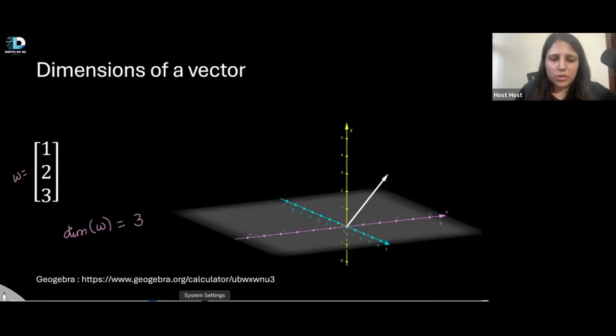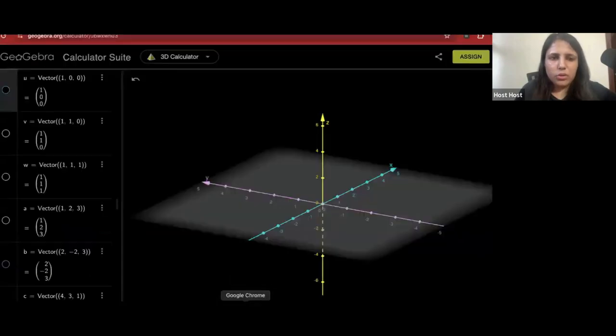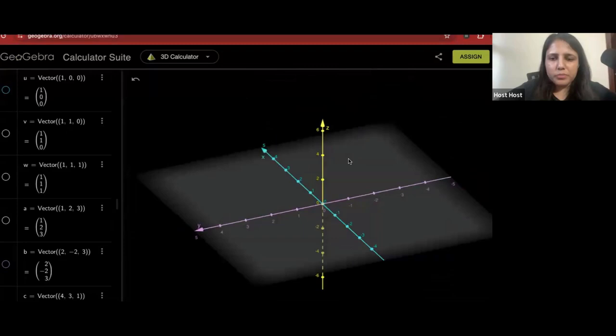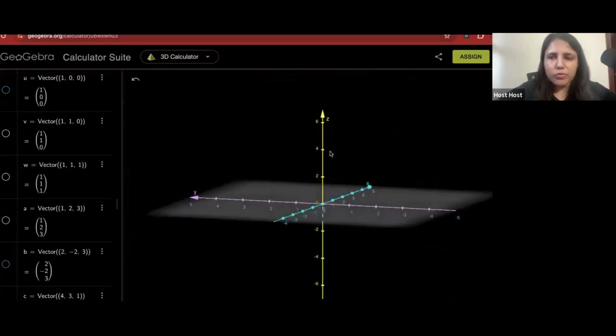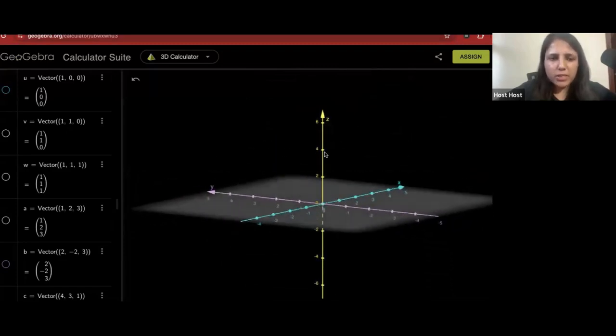So here I'll actually switch to a very interesting tool called GeoGebra. And here you will be able to visualize these vectors that we have. So usually 3D vectors we can still visualize, but it becomes difficult when we go to higher dimensions, but 3D we can still work with.